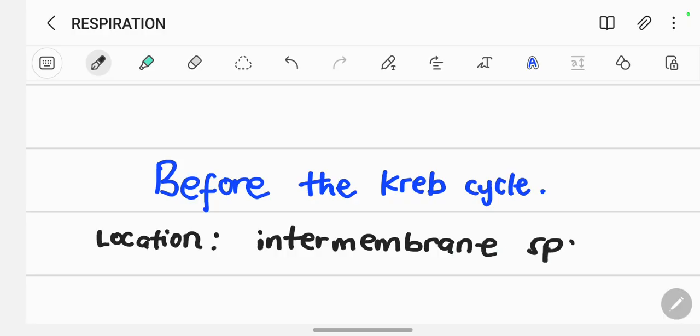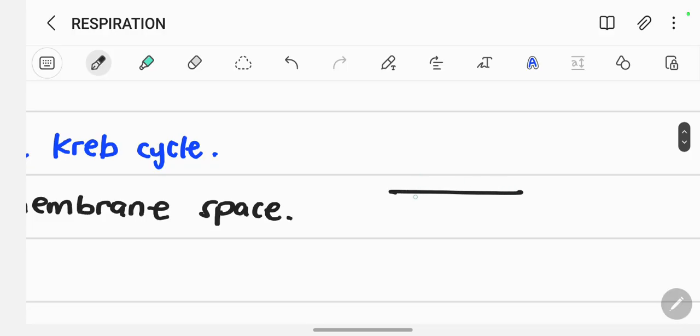Remember, our mitochondria is double-walled, or double membraned. So that process is when you're moving from the cytoplasm to the mitochondrial matrix.